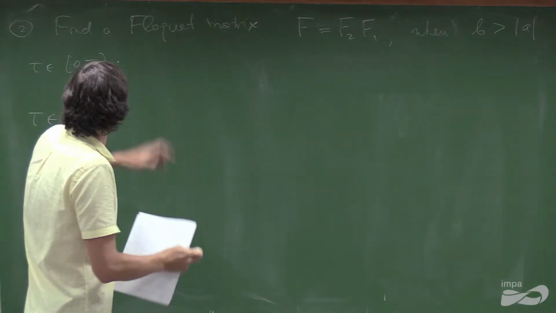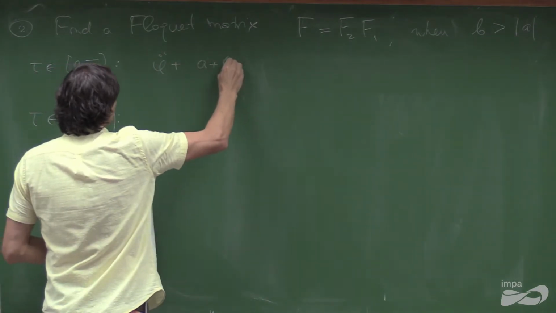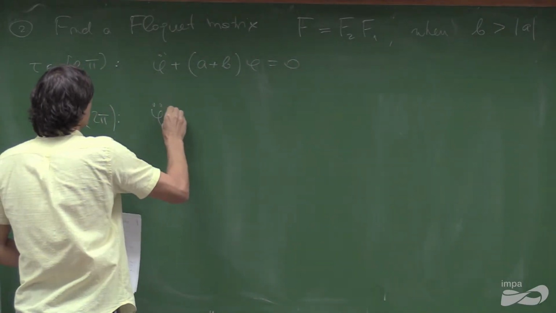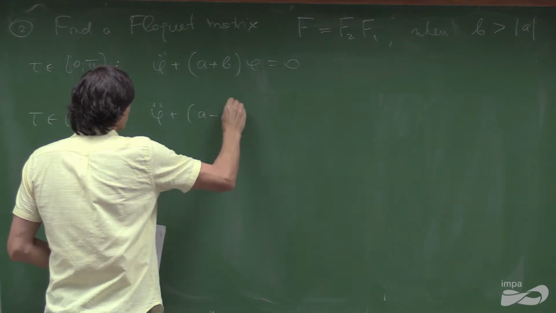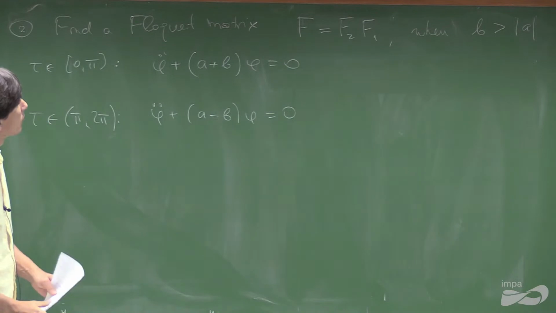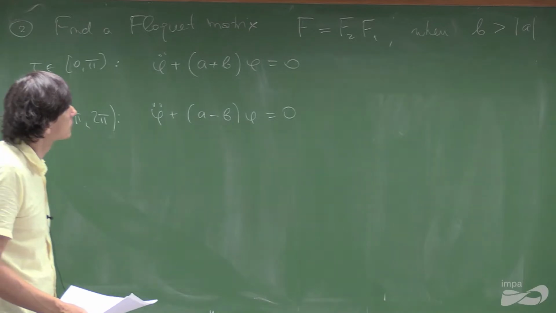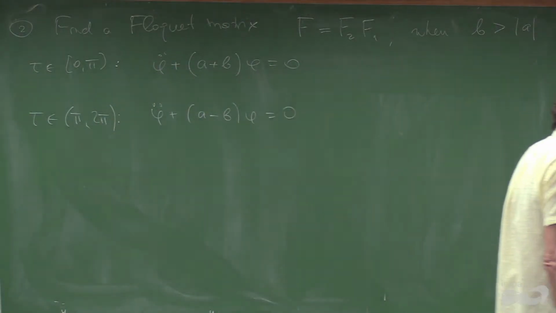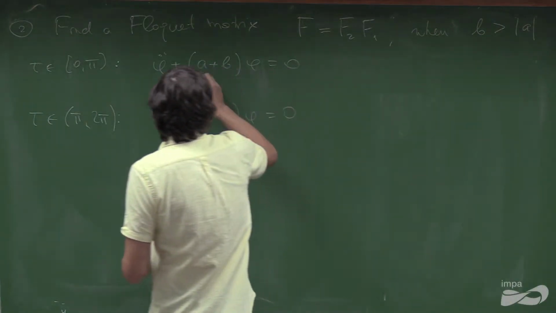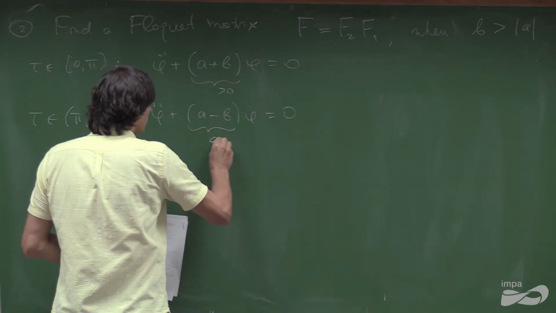The first equation will be phi double dot plus (A plus B) phi. In the second half period, phi double dot plus (A minus B) phi equals 0. The difference is that since B is large, that will be positive, and that will be negative.